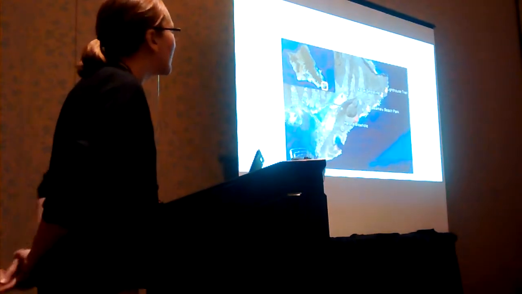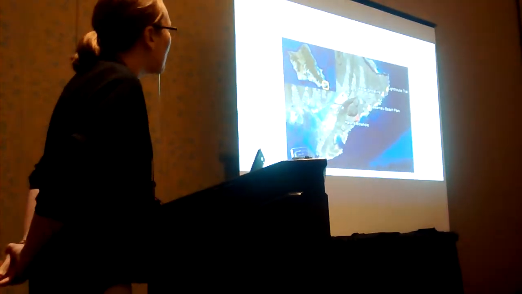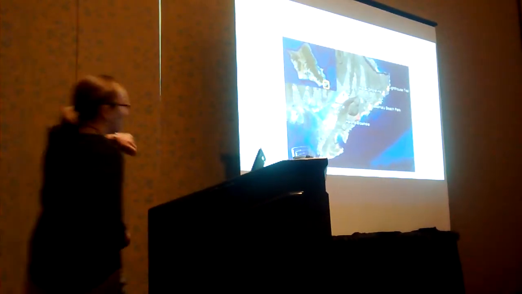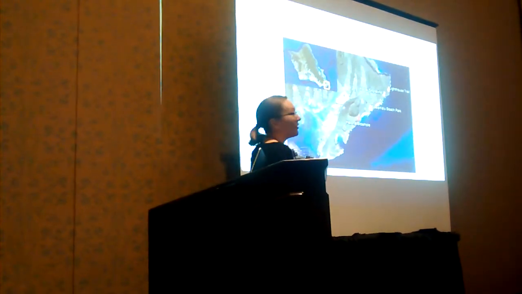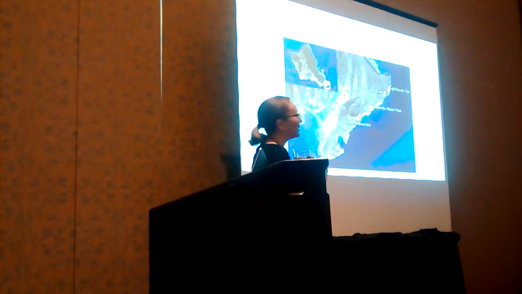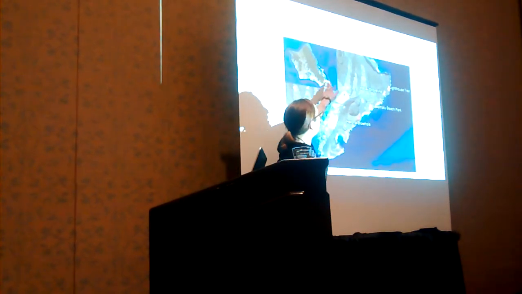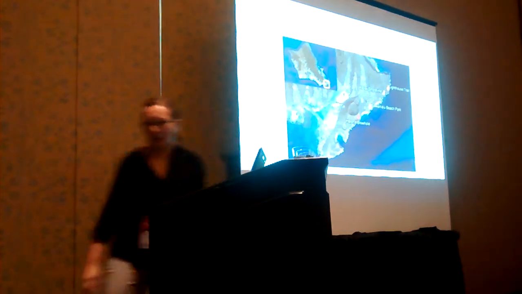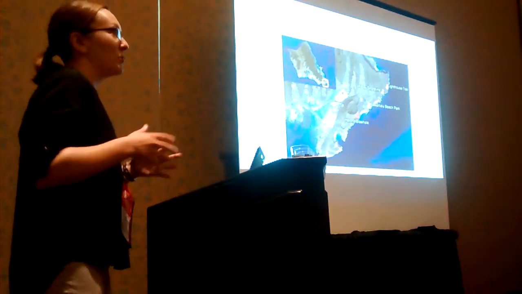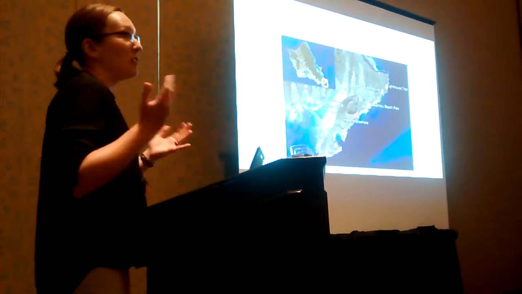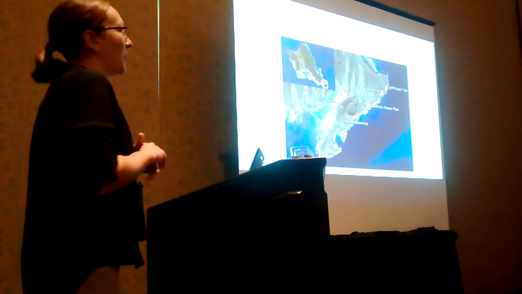So our study sites: this is the island of Oahu in Hawaii. The interesting Kaena Point study is this corner. So we thought we'd go to the other side of the island and see what it looks like. This area is a little bit more degraded. Kaena Point is a park and it has protection, so we thought it would be interesting to see what a more degraded community looks like.